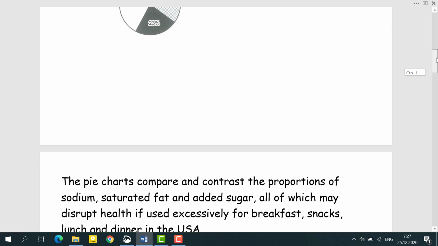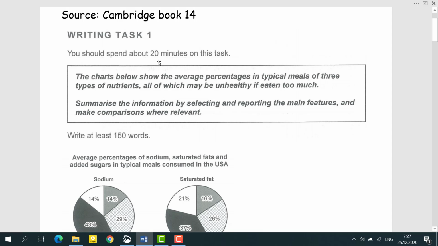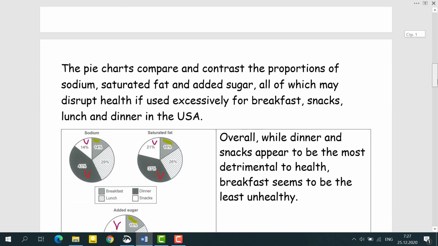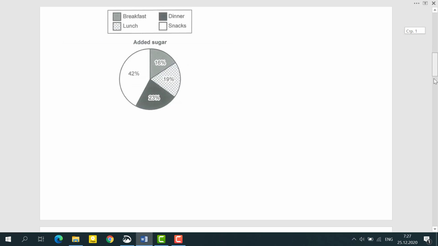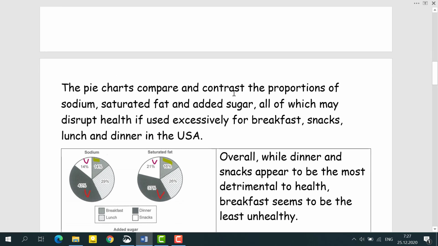Okay, so first of all, if you just look at this carefully, here we have the charts, right? I have paraphrased and I have written the pie charts, so we need to be more specific. Next, here we have show, and I have paraphrased this word by writing compare and contrast. When you compare, you are focusing on something similar.